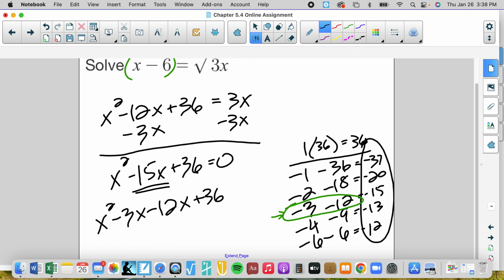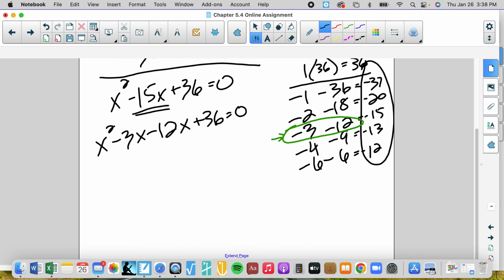Plus 36 equals 0. I'm going to factor by grouping. Now, if you need to find out how to factor, you can go through my videos. Do a search for factoring trinomials, and you can watch multiple videos of me teaching you how to do a times c. We're going to factor out an x. You get x minus 3. We're going to factor out a negative 12.